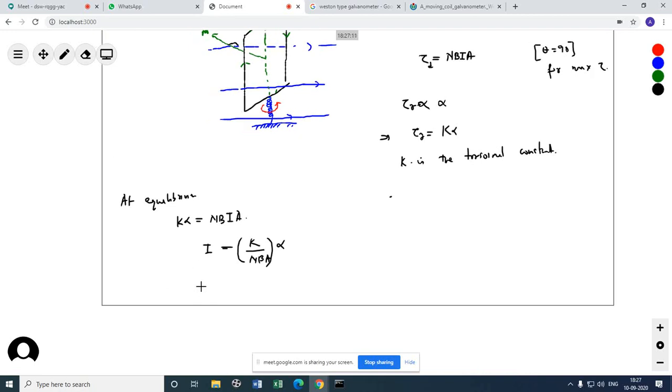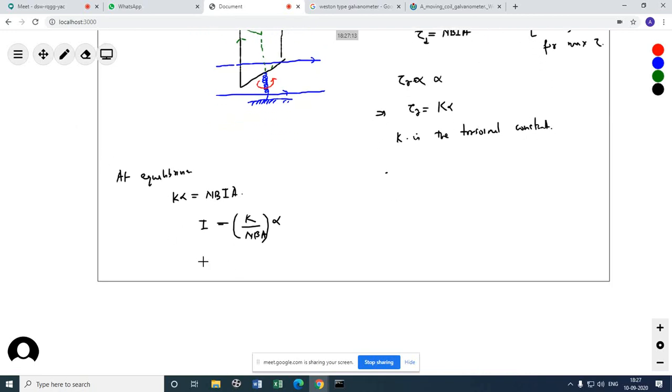So I is directly proportional to alpha. Now I am going to write this not as small k; there are various ways to define this. We can denote it by G, or we can denote it by N, whatever. I am denoting it for now with G, but later I will bring in the one used in standard lab procedure. What is G?